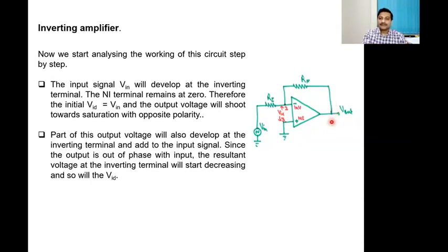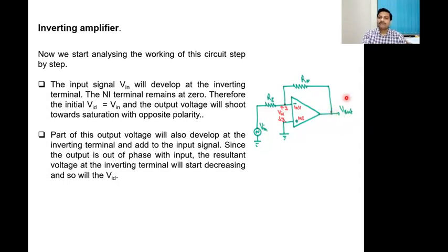Now, since the output is connected back to the input, part of this output voltage will also develop at the inverting terminal. So now at pin number 2, there are two contributions: one from the external signal source V in, and another from V out, which in practice is going to be very close to V saturation to begin with. So the inverting input will be the sum of V in plus whatever is generated from V out.